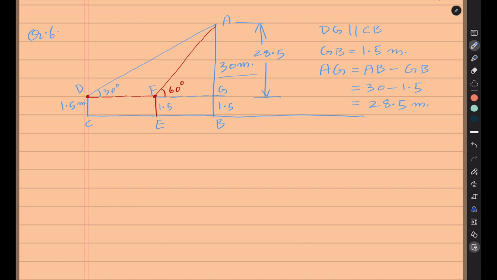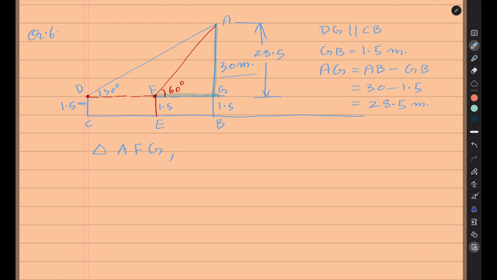So in triangle AFG, we know AG, which is the perpendicular, and we want to know this distance. What trigonometrical ratio is involved here?